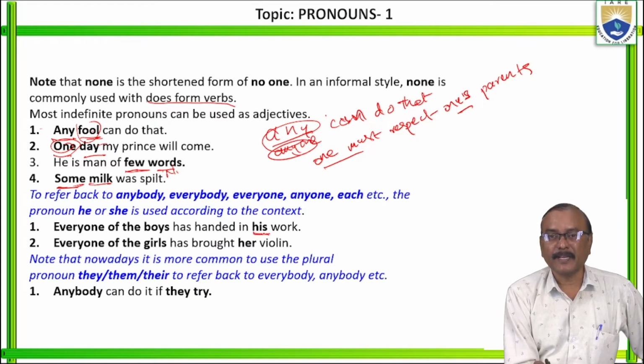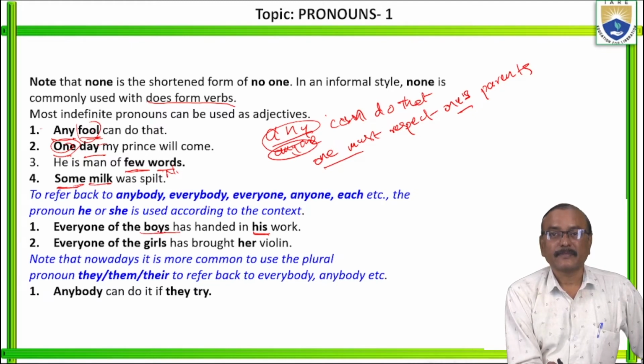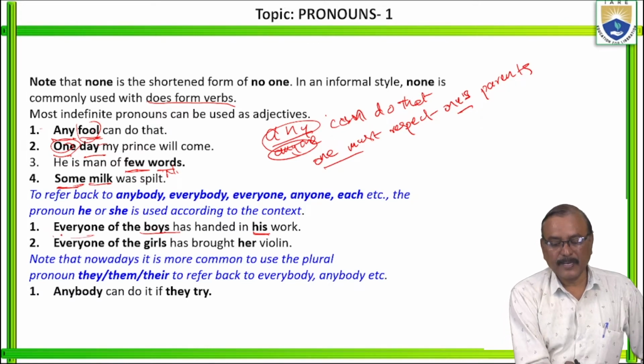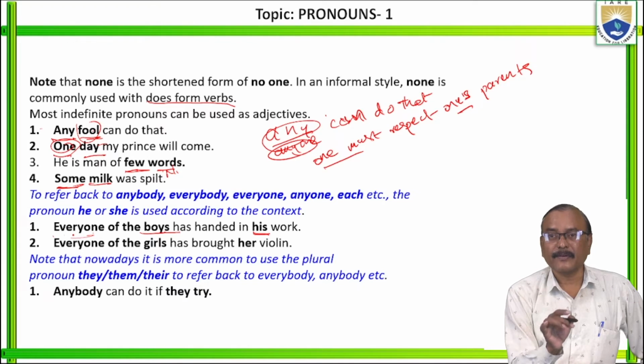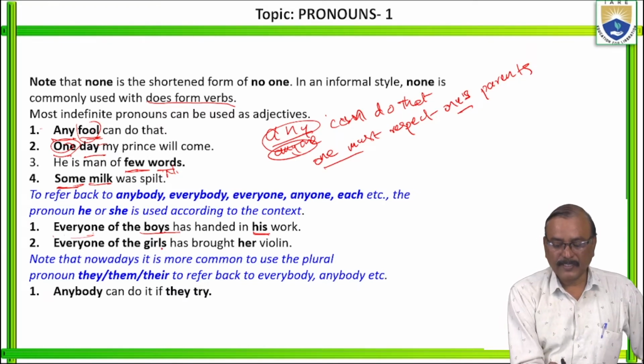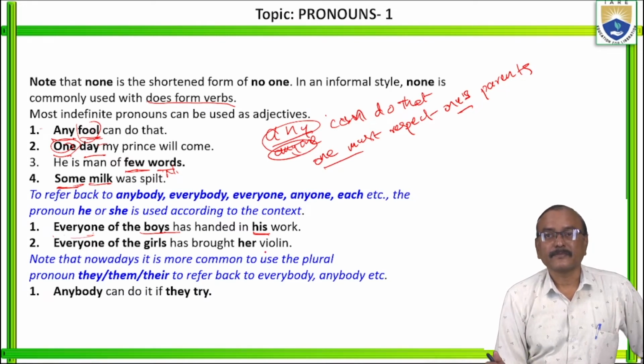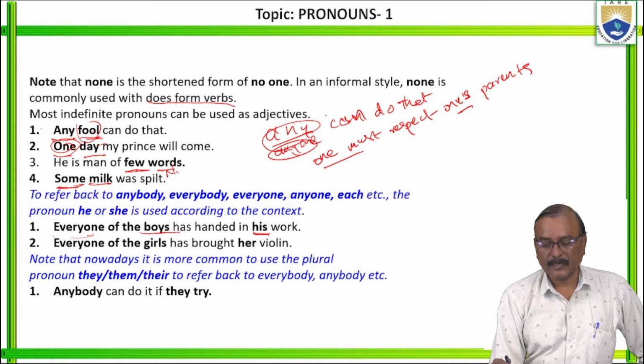Don't say their work, because every one of the boys is known to be male, and everyone means singular only. So you can use his work. Every one of the girls has brought her violin. Is it clear?